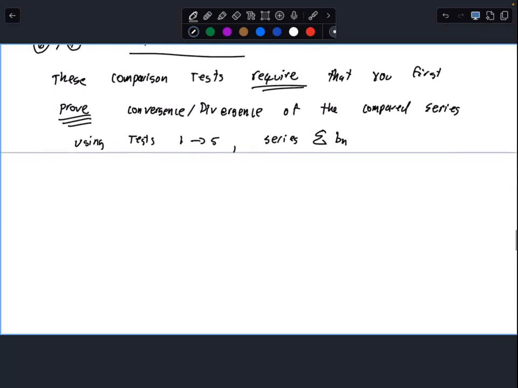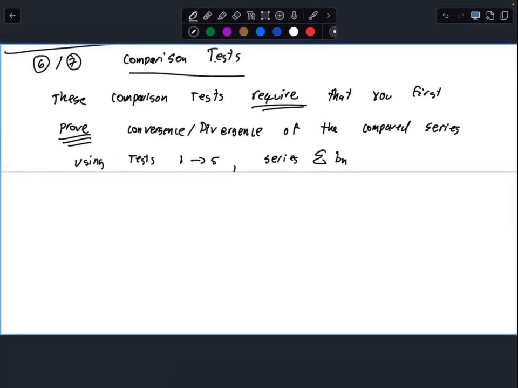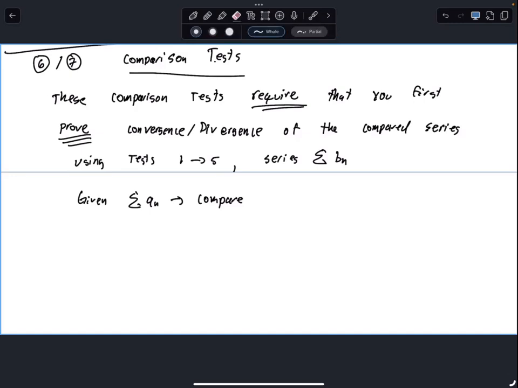Okay? So the process here is that, given the series a sub n, you're going to compare it directly to the series b sub n. And this is called the direct comparison test.